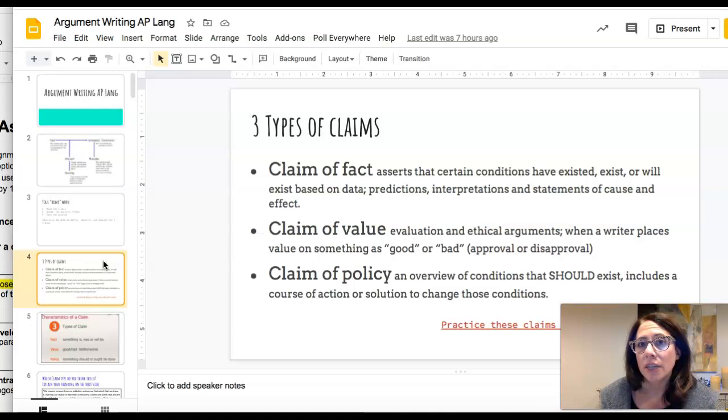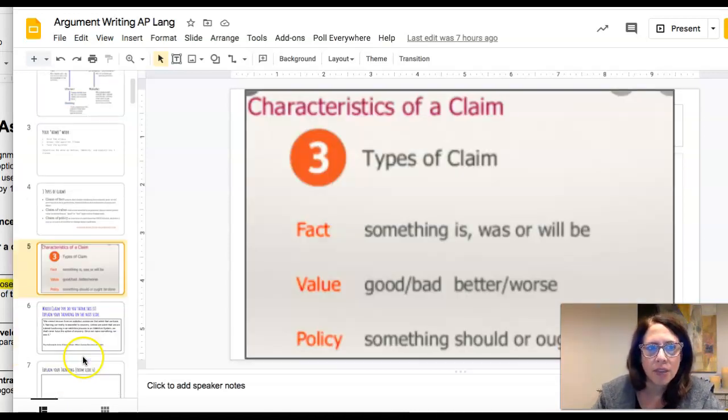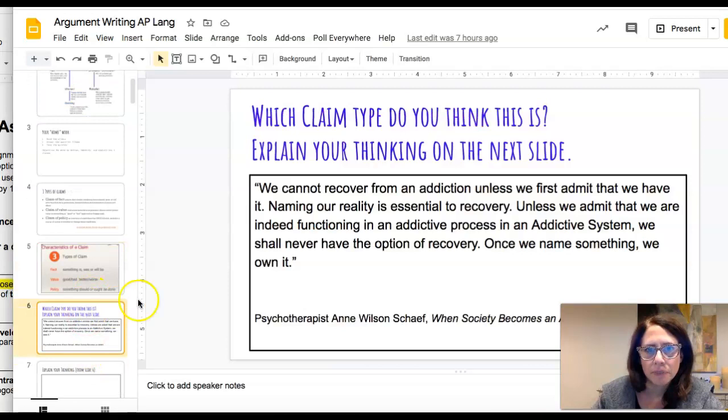I also like to think of it, as this slide says, as something that has existed in the past, that exists presently, or will exist in the future, right? You can make a statement that this has always been here, but you have to be able to base that in data. That is a claim of fact.